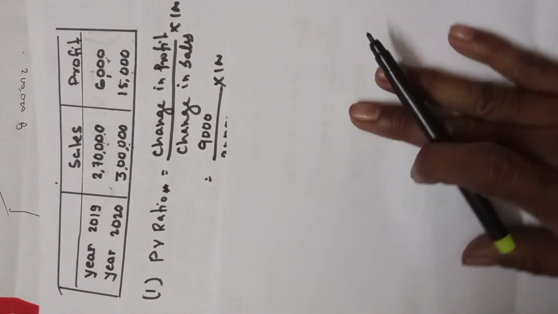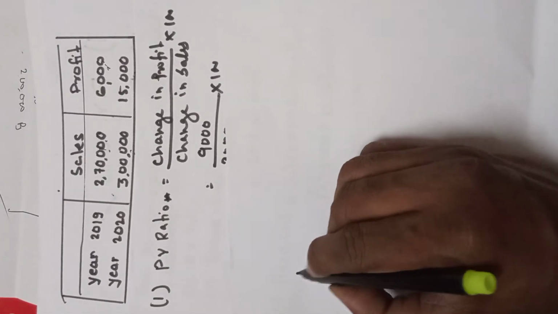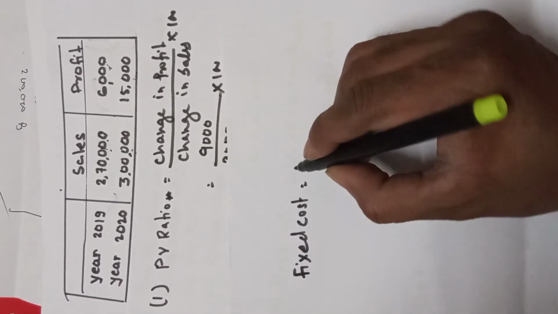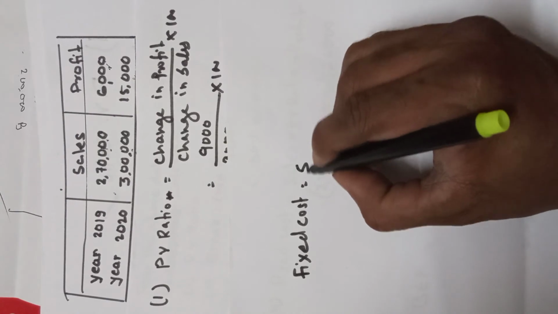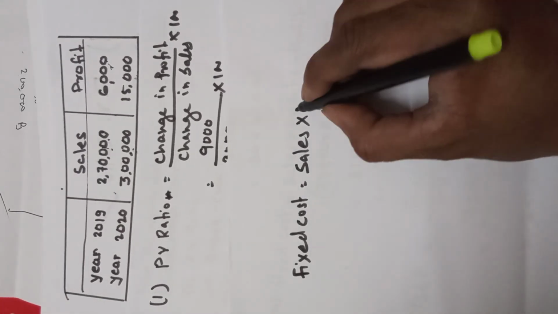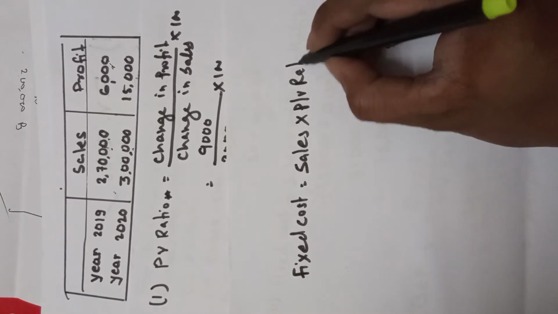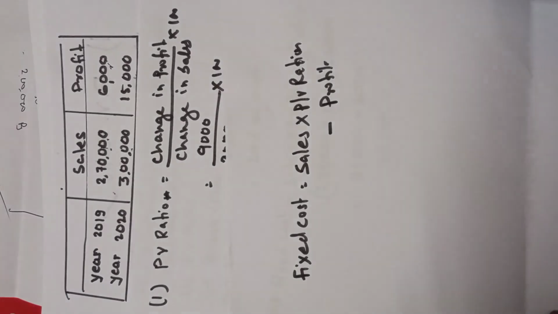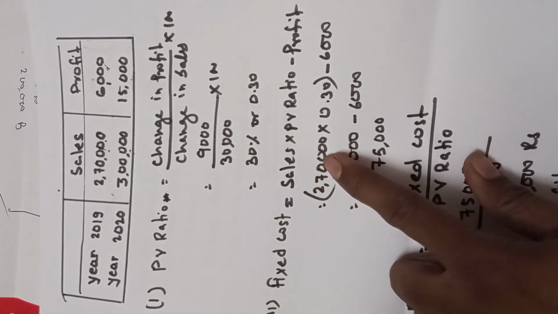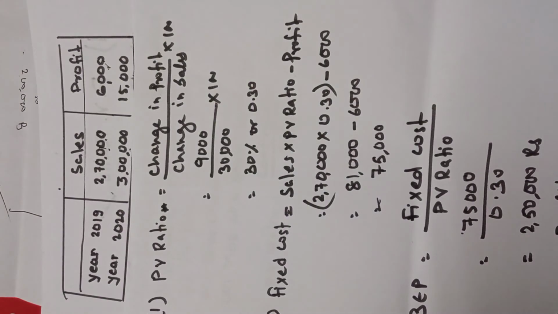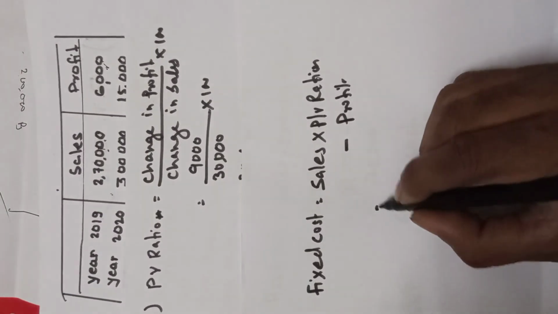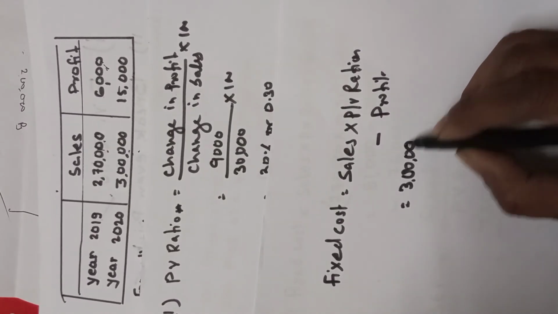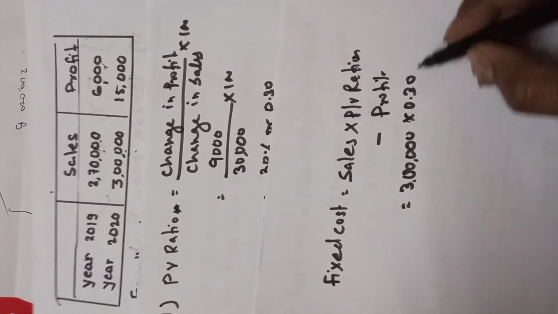Just check it once. If I take 2020 sales, what is the fixed cost formula? Sales into PV ratio minus profit. Here I calculated fixed cost on the basis of 2019 information. Now I will take 2020 sales, which is 3 lakhs, into 0.30.